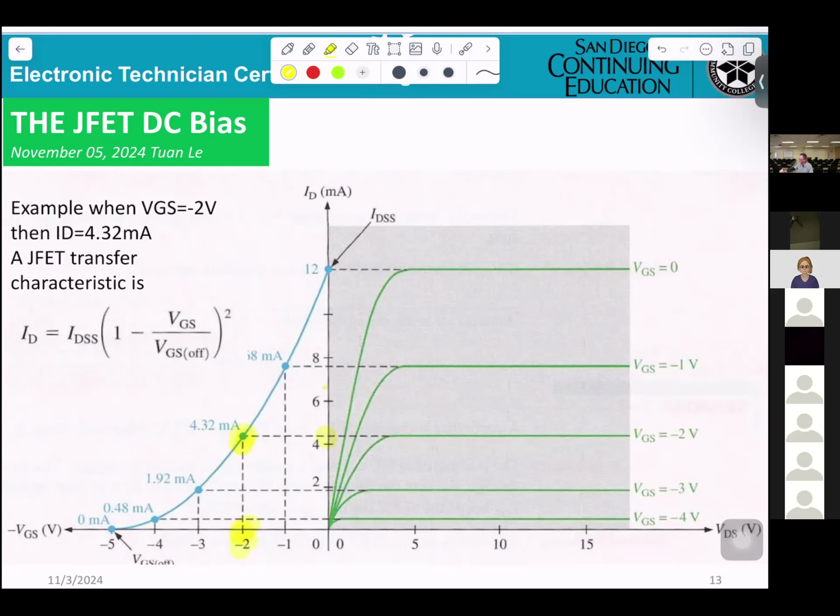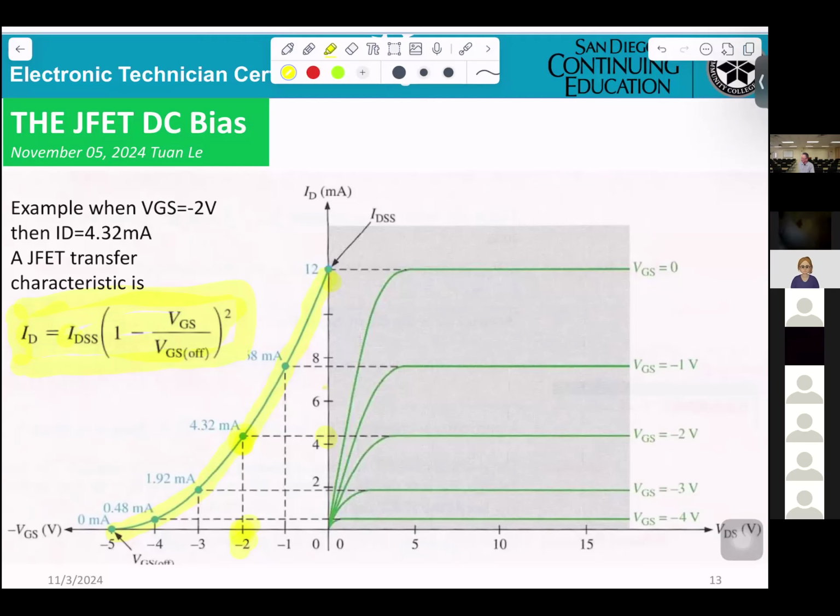So on this curve, if you get VGS, then you get ID. And that comes up with a formula. This is the formula to calculate the ID.